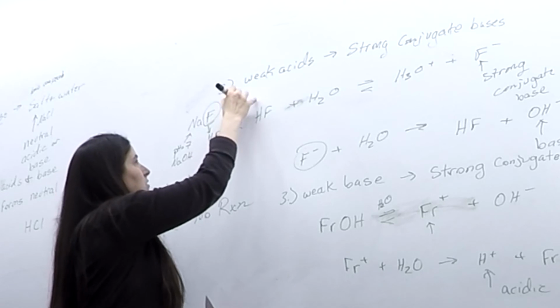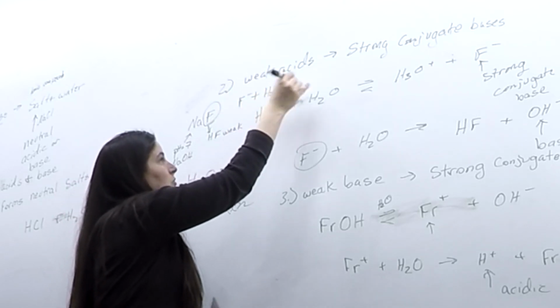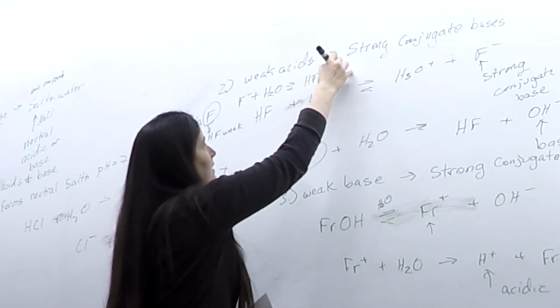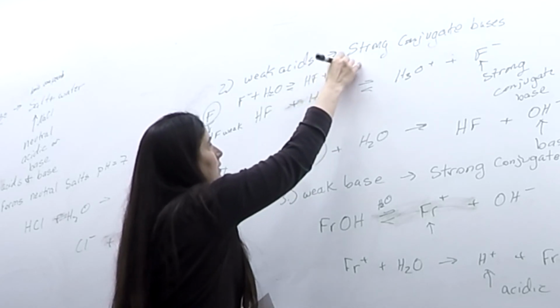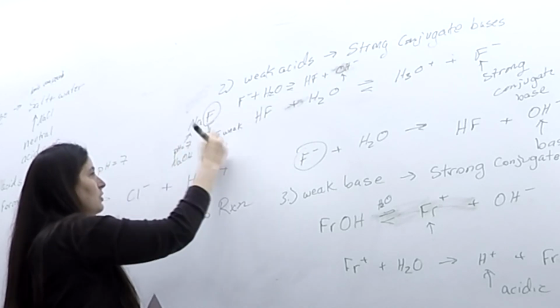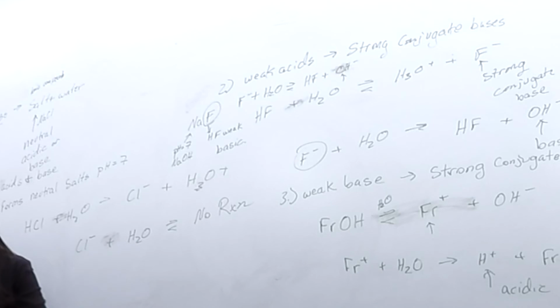So when you have this in solution, the F minus will react with water and create HF and OH minus. So this salt will be basic. See where I got that from?